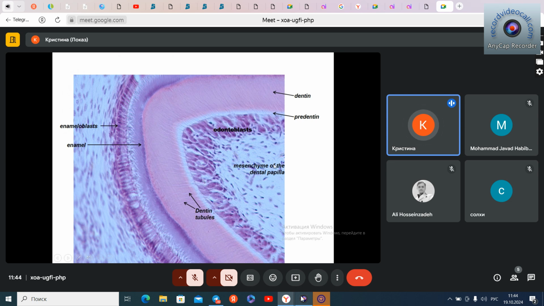Here we see the dental papilla, mesenchyme of the dental papilla, which will turn into loose fibrous connective tissue. The peripheral cells of dental papilla became odontoblasts. Their processes run inside the dentinal tubules seen here. They run from the border between the pulp and the dentin to the border between the dentin and the enamel. So here you see these whitish tubules.